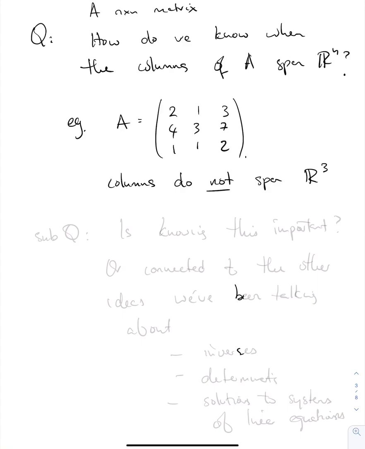So that's one question. A sub-question, of course, is: is knowing this important? You might think that our question above is just kind of random. Like, why would we want to know the answer to that question? But what I want to point to is: is it connected to the other ideas we've been talking about?